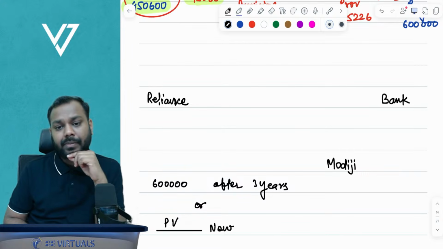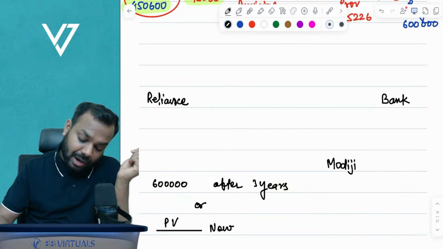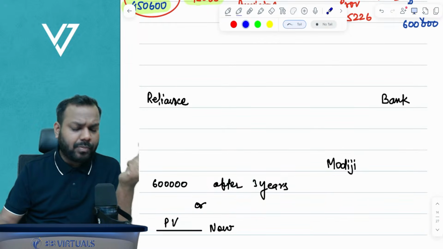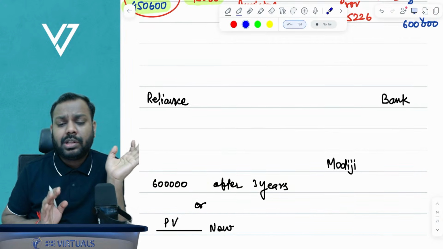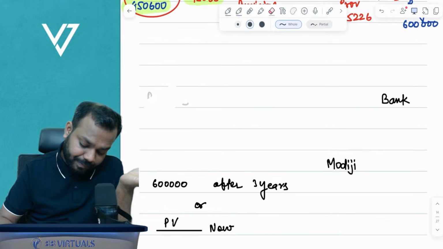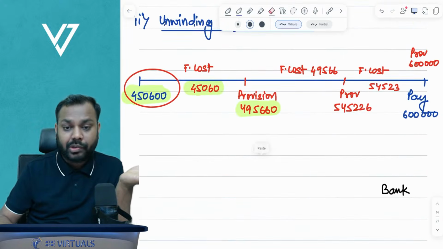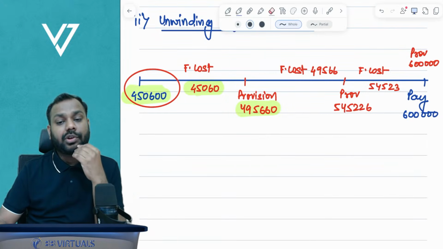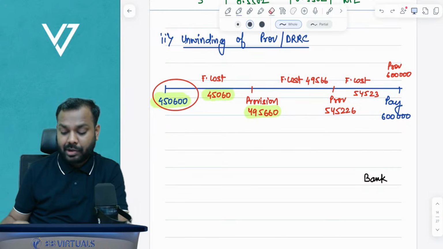Are you getting my point? Okay. So what I'll do is, I will pay to Modi ji the present value. Simple. So this is the concept. I believe you have understood the concept of present value. Is it clear, everyone? Come on, guys, tell me.